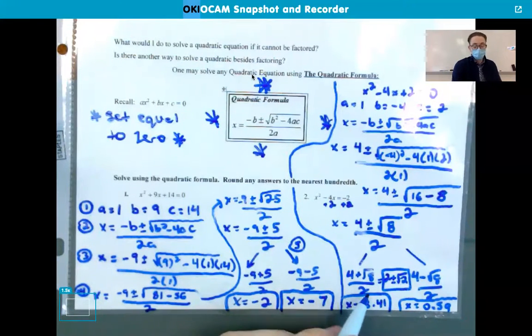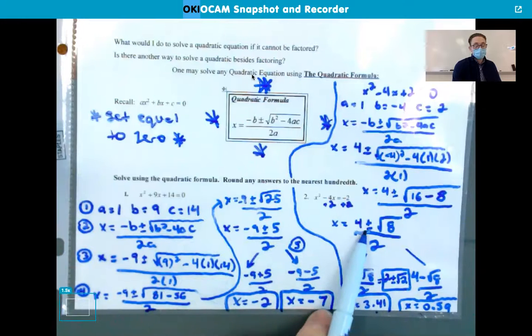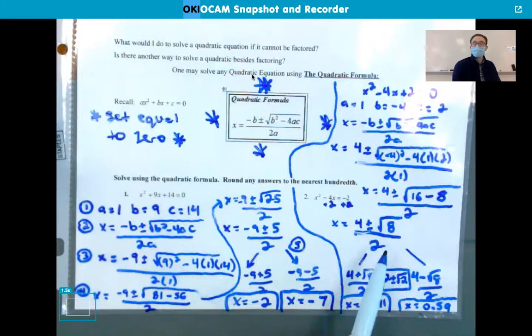Because the 4 and the 2 becomes the 2. The 2 root 2 divided by 2 is just root 2. And that works in both of these. So just so you're aware, they could simplify things a lot further in your book. But if you want to write a decimal value, that's fine with me. If you want to leave your answer as this, that's fine with me as well.